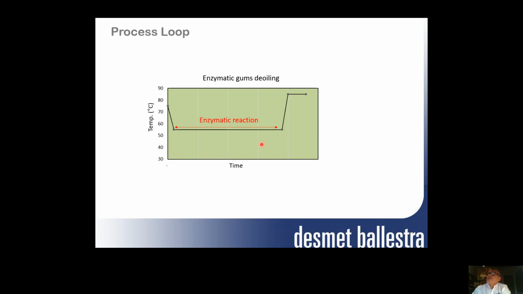This is how the temperature profile of the process loop looks, where the gums come from the degumming, with water. It requires a cooling process to get the enzymatic reaction, some time for enzymatic reaction, but then it is necessary to increase the temperature to break the emulsion and separate the gums more easily.